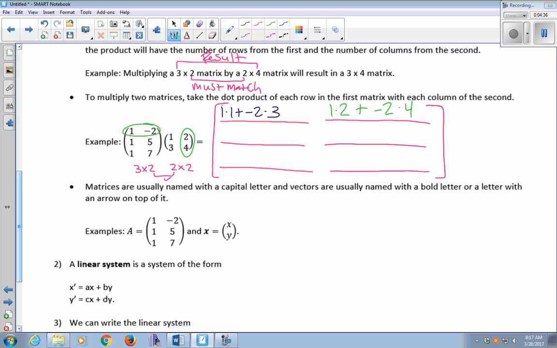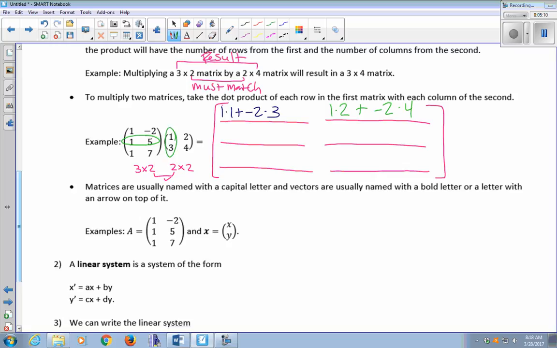And just FYI, your graphing calculator can multiply matrices, and I can show anybody who's interested. But oftentimes your matrices or vectors are going to have letters in them, so your graphing calculator won't be particularly helpful. All right, so I'm done with row 1, right? I multiplied this 1, negative 2 by every column of the second matrix. So I move to the second row and start again. So I'm going to do second row times the first column now.